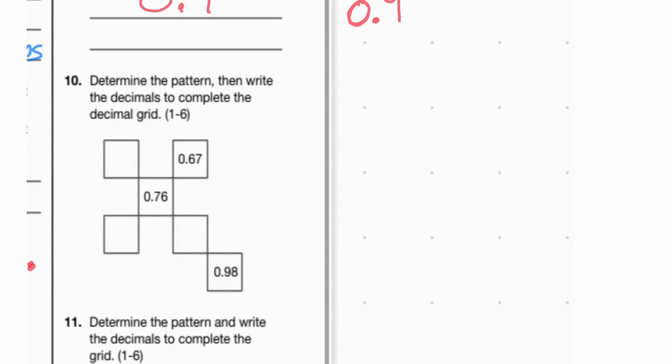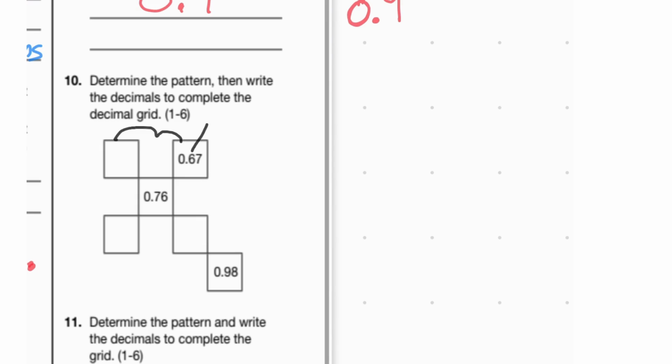Okay, let's keep going with number 10. So we're going to make sure that every time we move over, first we're going to start with this number. Every time we move over to the left, the number in the tenths place is going to get smaller.